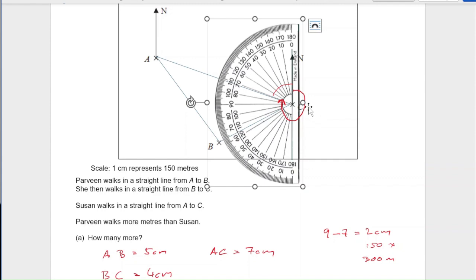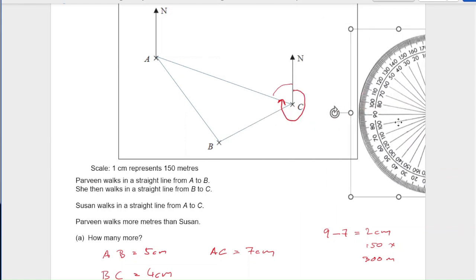Okay, so I'm measuring that angle there. If I'm going from the inside numbers, I make that just over 70. So I'm going to call that 71 because it is just over. You can see on the scale here, 71 degrees.